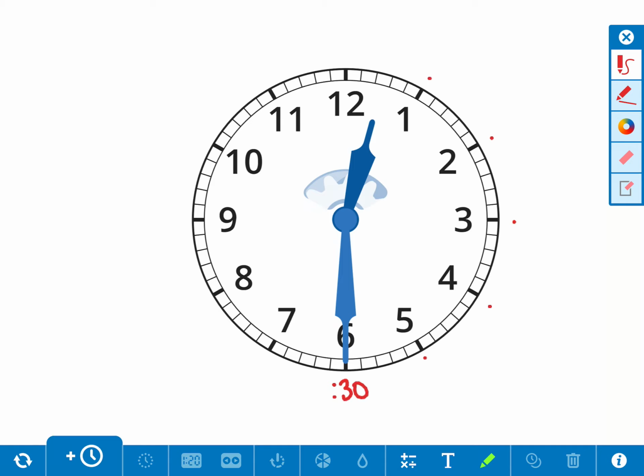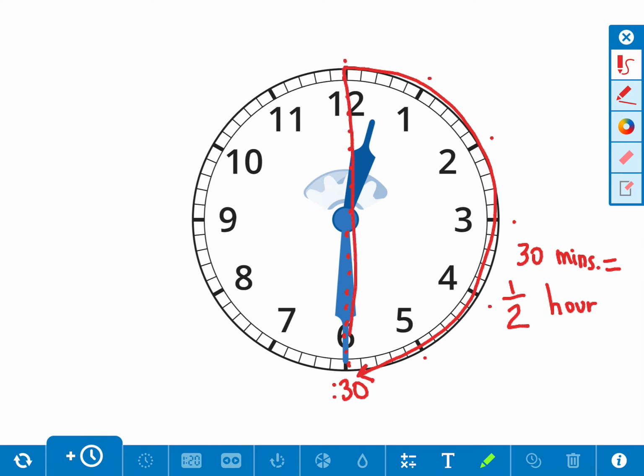Now notice when I moved that minute hand down to the 6, the minute hand traveled halfway around the clock face. And that's why we say 30 minutes is the same as a half hour, because it's halfway around the clock.